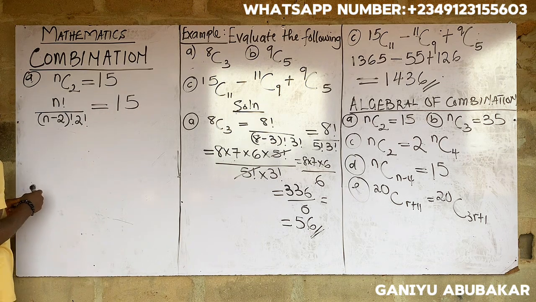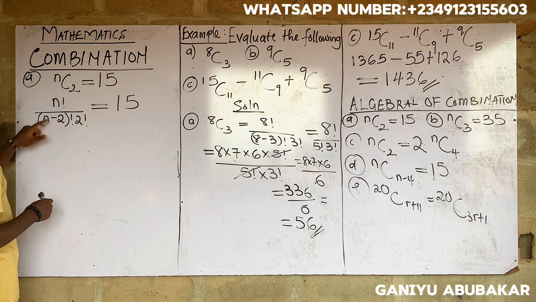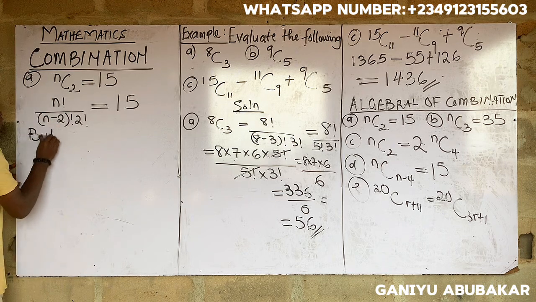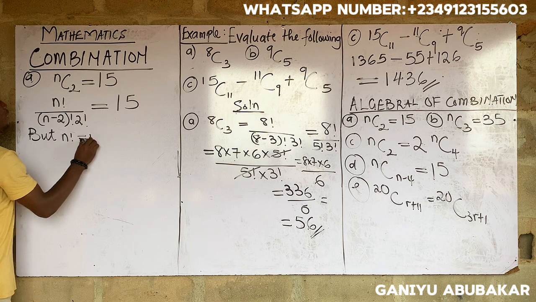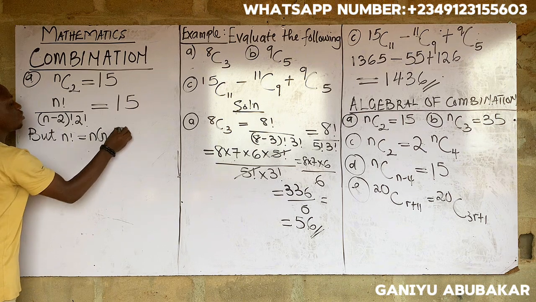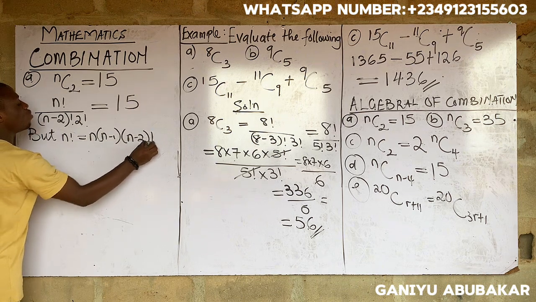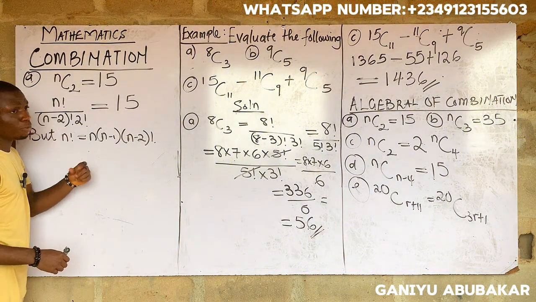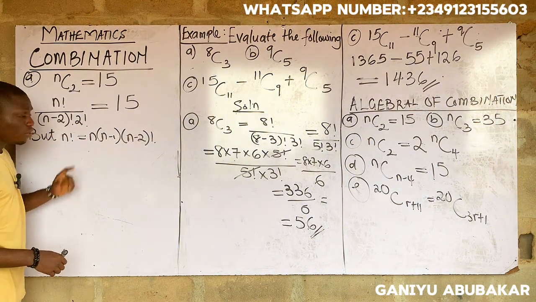What's your next task? I'll expand n factorial in terms of n minus 2 factorial. In last class, we said n factorial equals n into n minus 1, n minus 2 factorial. Don't ask me why. Watch our previous class on permutation. You should know this, right?